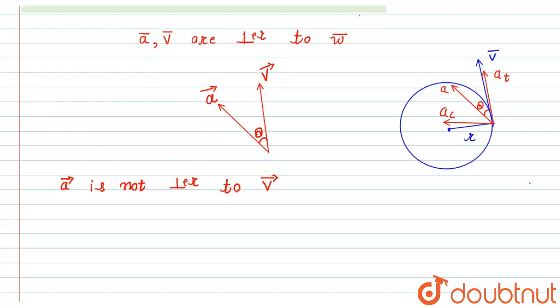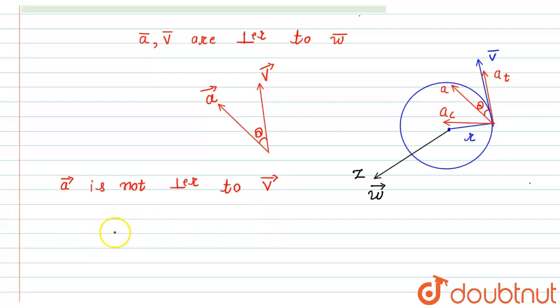Now what about omega? So actually, as we have stated above, omega is going to change as the angle changes, and as we know the direction of omega is in the z direction like this. Okay, so obviously as this z axis is perpendicular to the xy plane, ultimately this omega will be perpendicular to this acceleration and velocity, right?